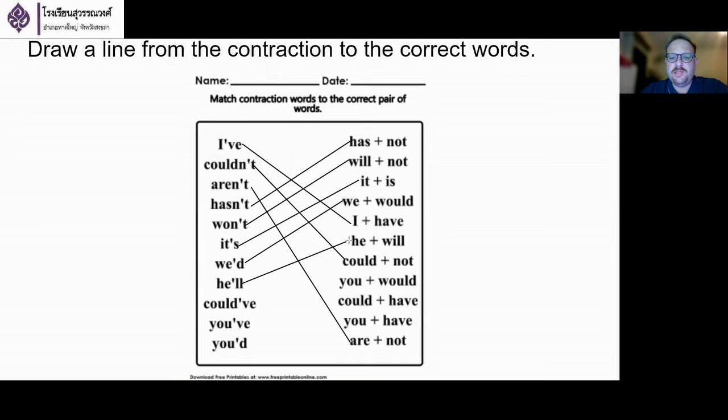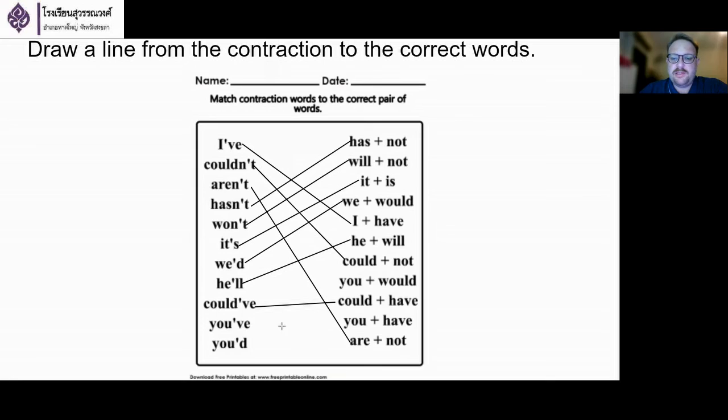Could have, could have. You could have had a better grade if you studied. You could have had a better grade. Could have had a better grade.